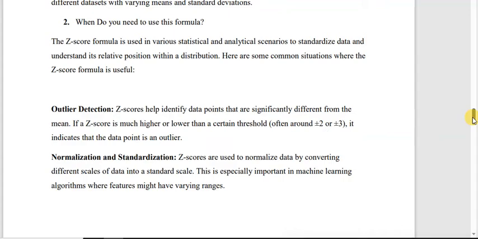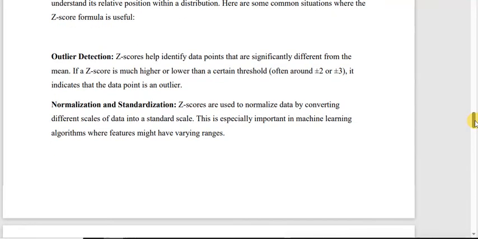It helps us identify data points that are significantly different from the mean, significantly far away, or weird or extreme observations. That is what an outlier is. So if a z-score is much higher or lower than a certain threshold, often around plus or minus 2 or plus or minus 3, it indicates that the data point is an outlier.